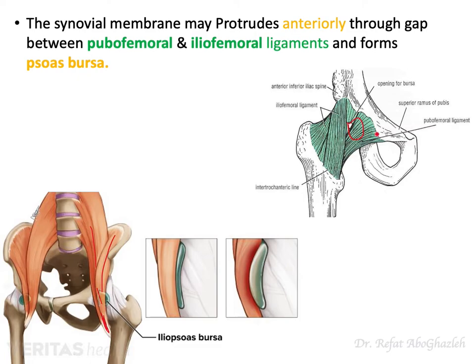Yes, this is the pubofemoral ligament, and we mentioned that this ligament limits the abduction of the hip joint, because it attaches here to the lower part of the intertrochanteric line and to the body of the superior ramus of the pubis. So by this fiber, it limits the abduction.